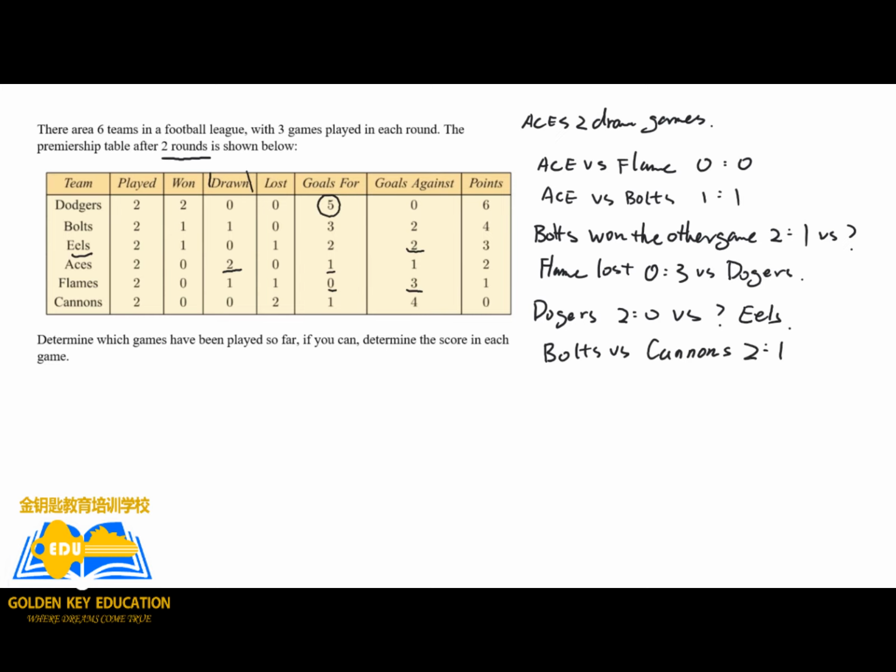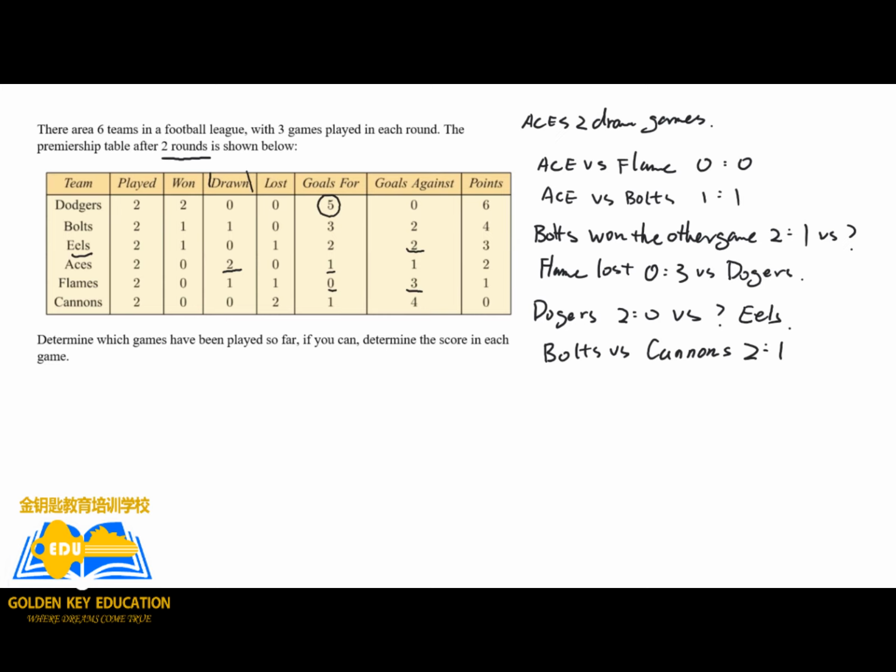Okay. So what else have we not yet mentioned is the game between Cannons and Elves. Now, if we check, Cannons only had 1 goal, and that's definitely from the Bulls game. So therefore, Cannons must have lost against the Elves.